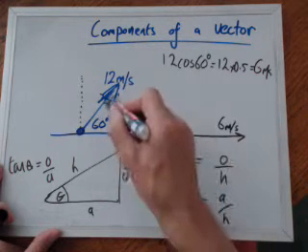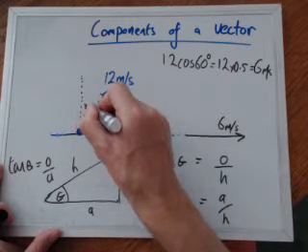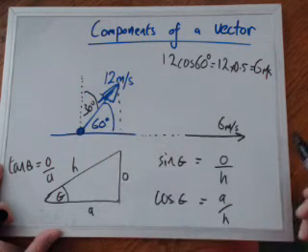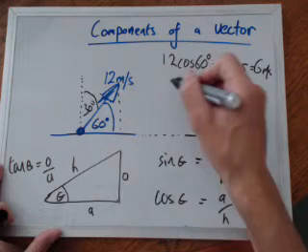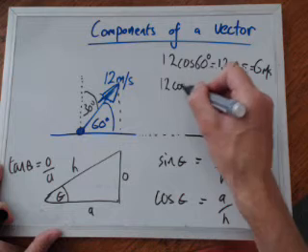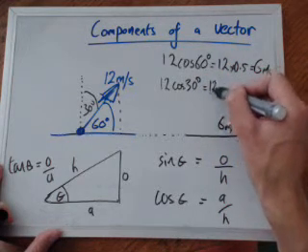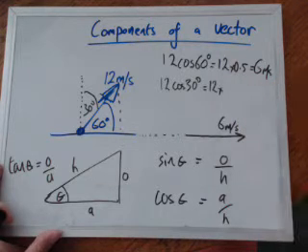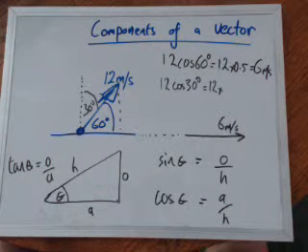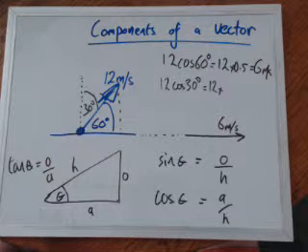Now the other one: if that's 60, that's 30 degrees there. So the other one can be 12 times the cosine of 30 degrees, which equals 12 times, I think it's 0.866. I'll just double check on my calculator.